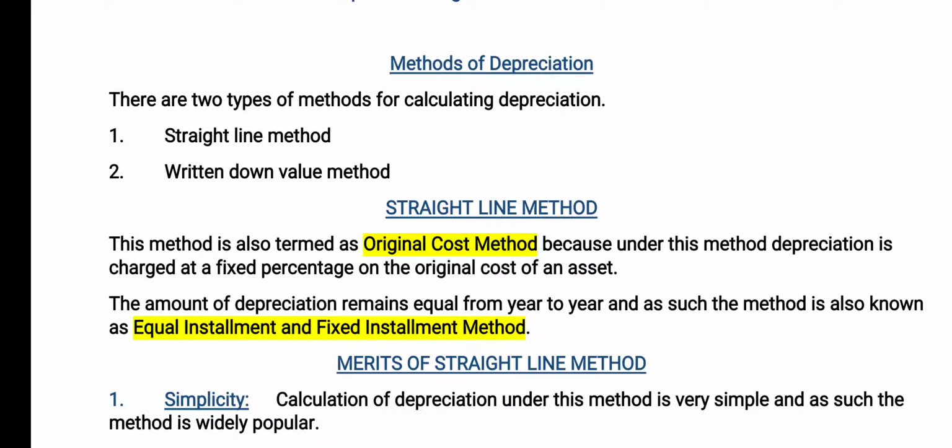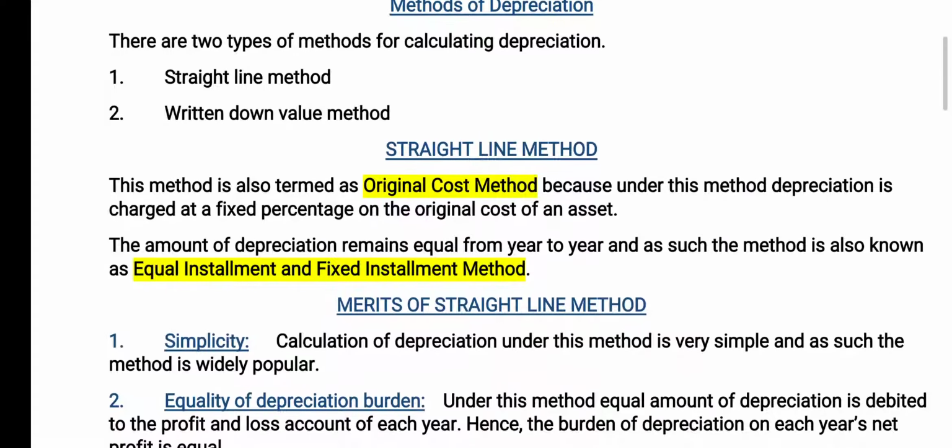It is based on the assumption of equal use of the asset over its entire useful life. According to this method, a fixed and equal amount is charged as depreciation in every accounting period during the lifetime of an asset. So, the depreciation amount has to be fixed for this particular period of time.